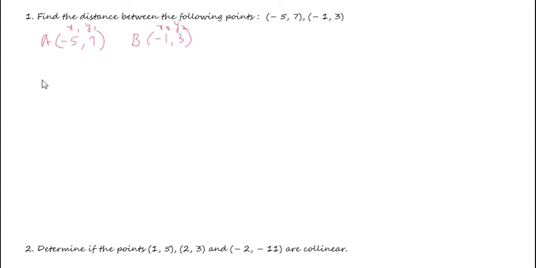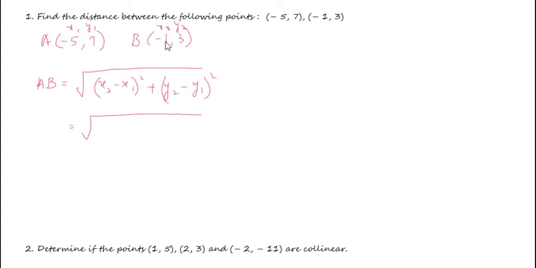Now distance formula says the distance AB is equal to square root of x2 minus x1 whole square plus y2 minus y1 whole square. In this case, x2 is minus 1, so minus 1, and minus of minus 5, so this is plus 5 whole square, plus y2 is 3, y1 is 7, so it is minus 7 whole square.